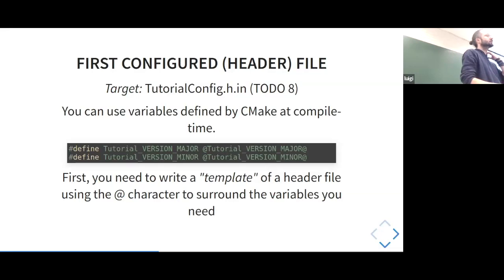You use the tutorial version placeholder variable in the template. When you build the project, CMake will use the value from the CMakeLists, insert it in that code, and generate a .h file with those placeholders replaced.